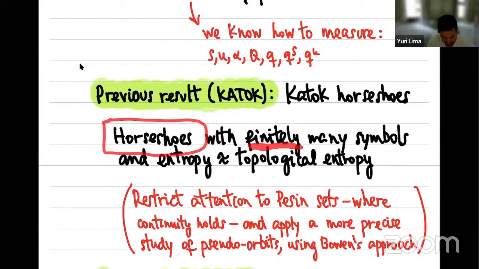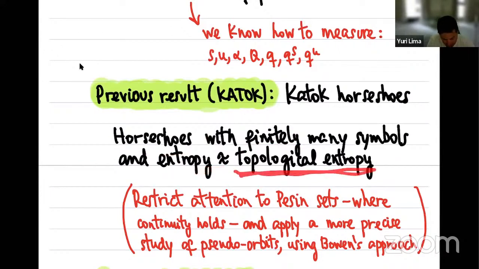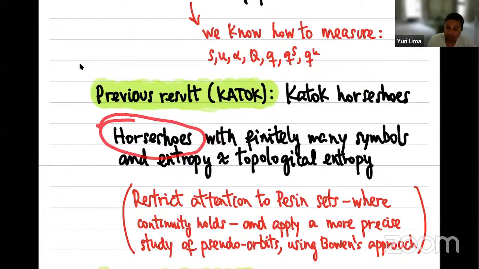So, from the symbolic point of view, they have finitely many symbols, and the entropy of these horseshoes can be as close as you want to the topological entropy of the diffeomorphism. So in some sense, you can approximate the full topological entropy of your surface diffeomorphism using genuine uniformly hyperbolic compact subsets, which are these horseshoes with finitely many symbols.